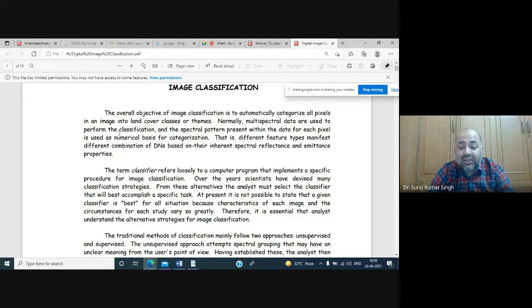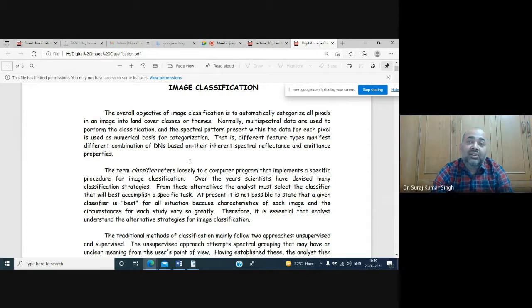So there the differentiation between the various earth objects is quite difficult. But when you take multispectral images, the spectral pattern present within the data of each pixel is used as the numerical basis for characterization. So we use that digital number that is converted in the form of color, tone and texture for classifying the earth object, and different feature types manifest different combinations of digital number based on their inherent spectral reflectance and emittance property.